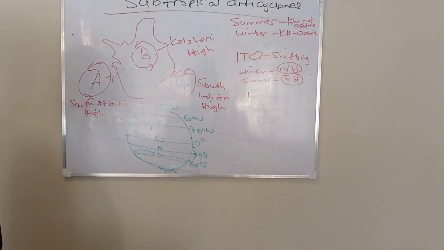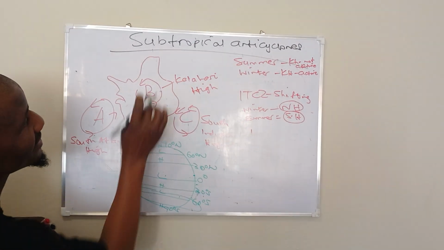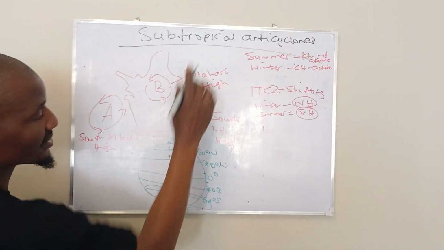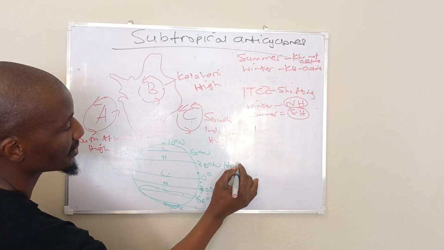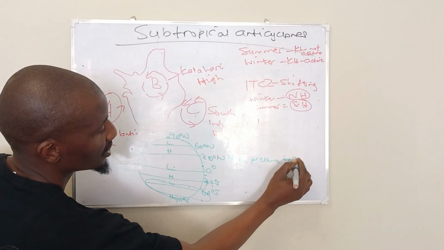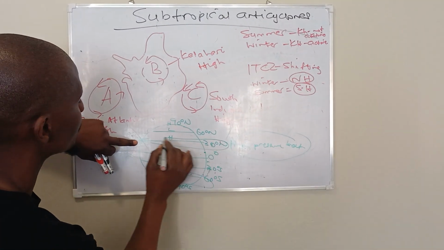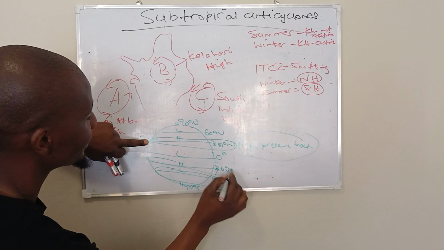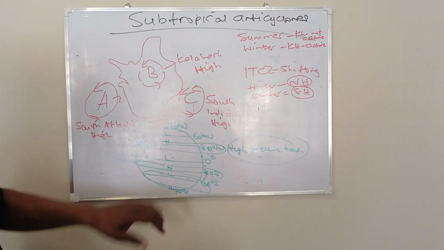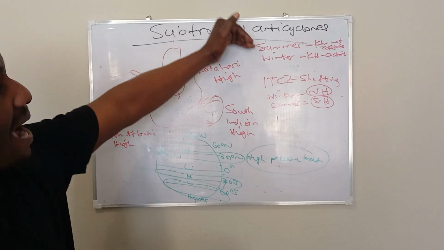Now the focus is on the subtropical anticyclone, which is a high pressure belt. Hence we have got this topic now, subtropical anticyclone.